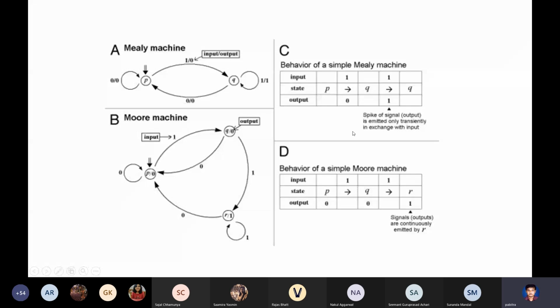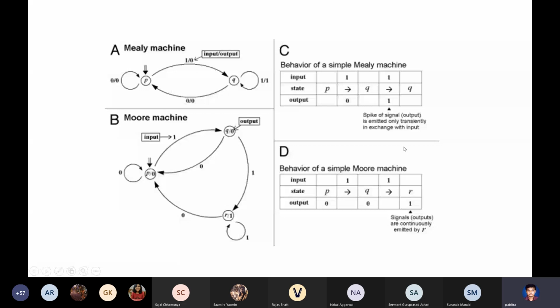It comes along with the input. Whereas in a Moore machine, the output signal is continuous. It's there. This causes a small delay depending on the width of the rising edge, so this should also be adjusted for. In a synchronous machine this is not really a problem, but in an asynchronous machine, sometimes this is a problem. This is a difference.